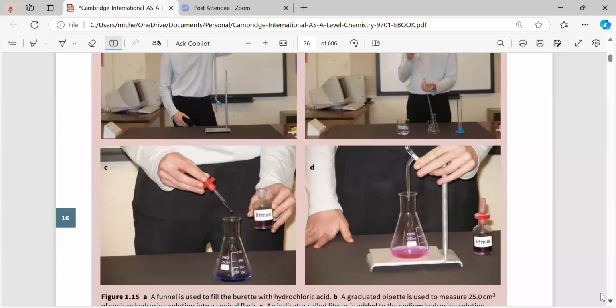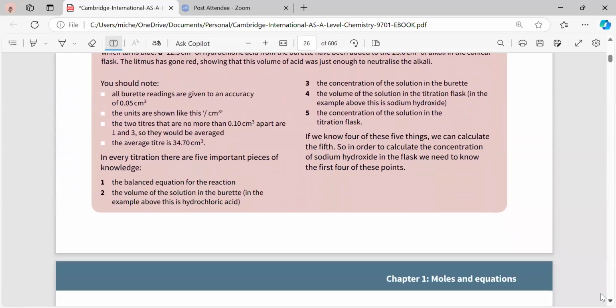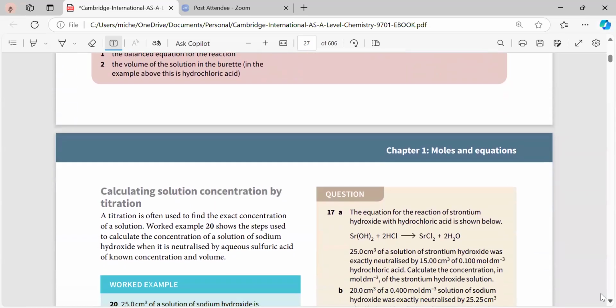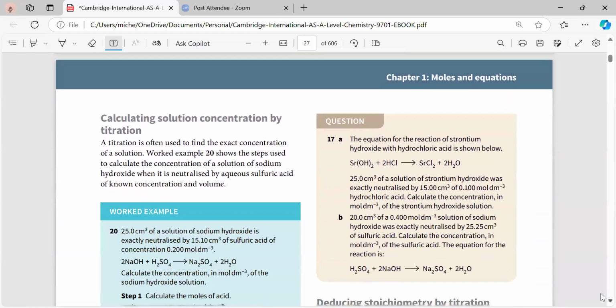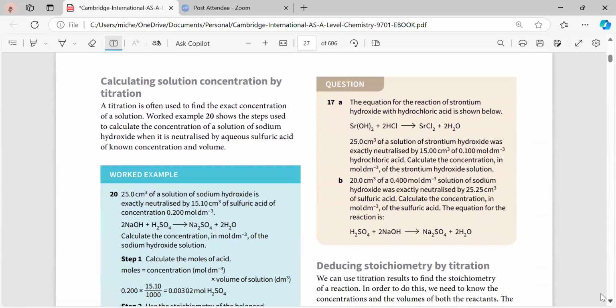So the next topic is titration: calculating solution concentration by titration. Titration is actually a really simple experiment.